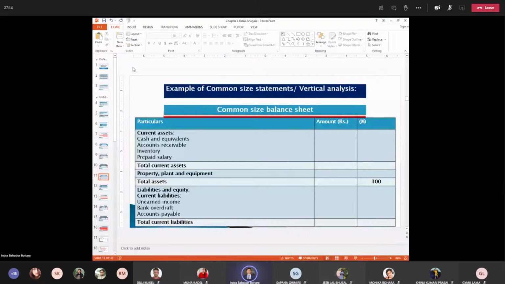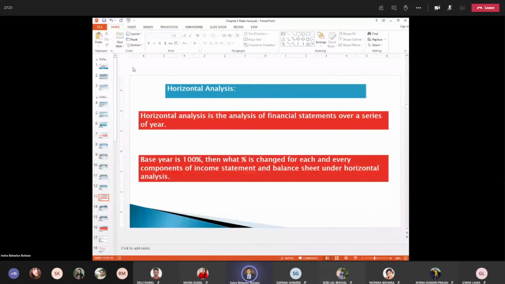In the balance sheet case, we'll discuss from the exercise. First we discuss horizontal analysis, then we do the exercise. Horizontal analysis is the analysis of financial statements over a series of years. As I already told you, the base year is assumed as 100%.